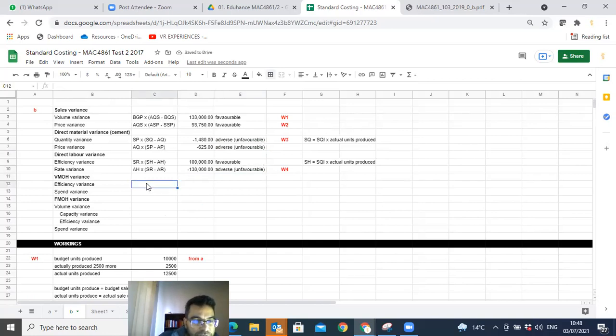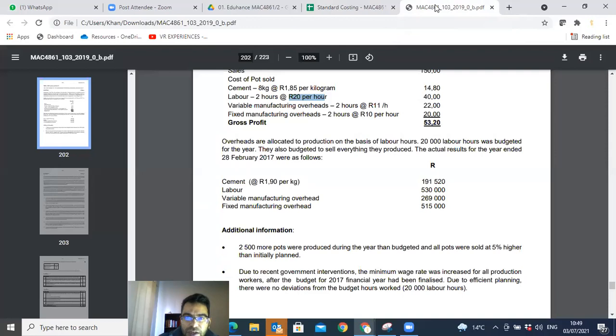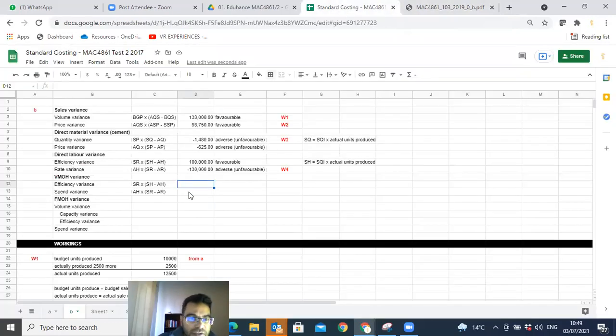Okay, now we can come to the efficiency variance. It's going to be basically exactly the same. The standard rate is 11 Rand, multiplied by standard hours.